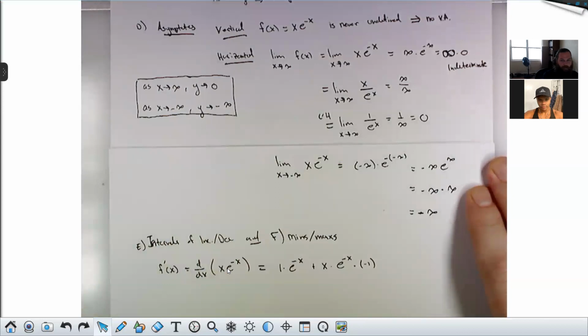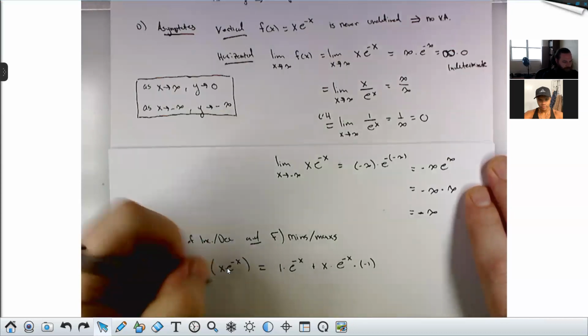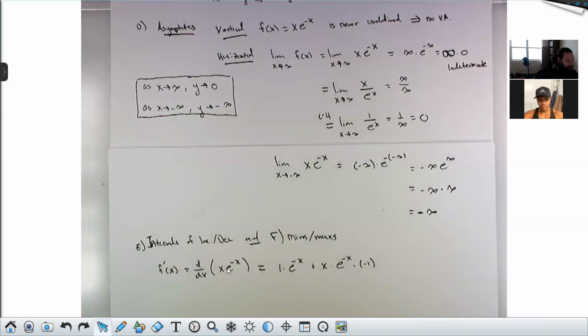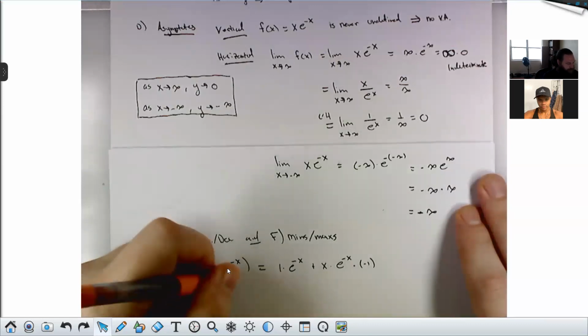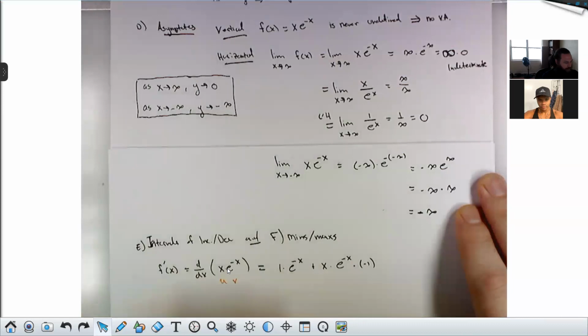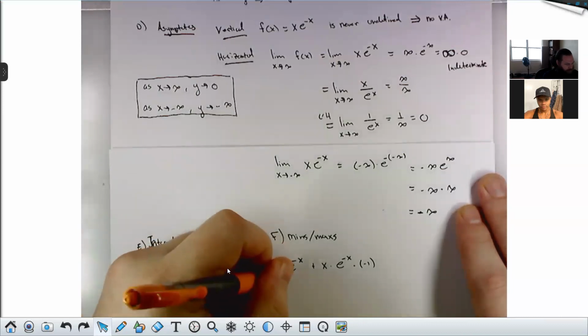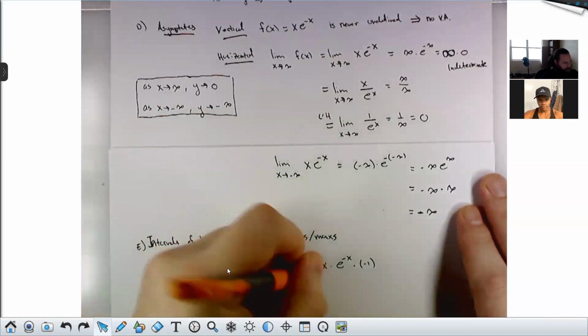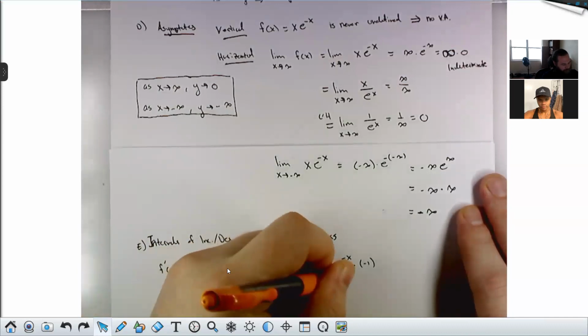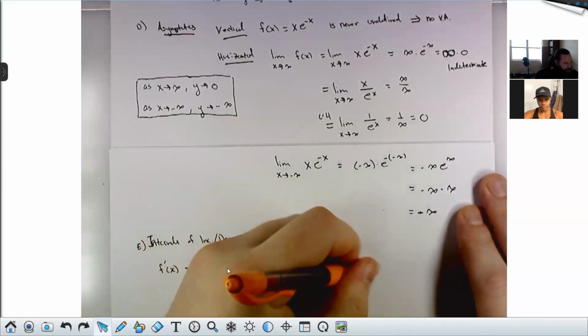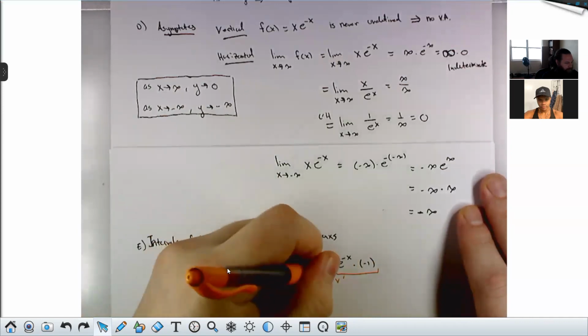That last bit there being the chain rule. So it's a product rule, right? u prime times v plus u times v prime. If you want the details here, here's u and here's v. This is u prime times v plus u times v prime. This whole piece here being v prime.